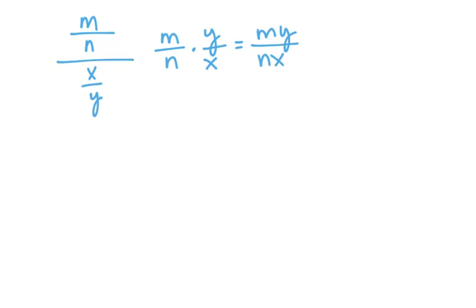So we should do one more example problem just to make sure we're understanding these concepts. So if we have 1 over r divided by 1 over z, we could do what we were doing before.